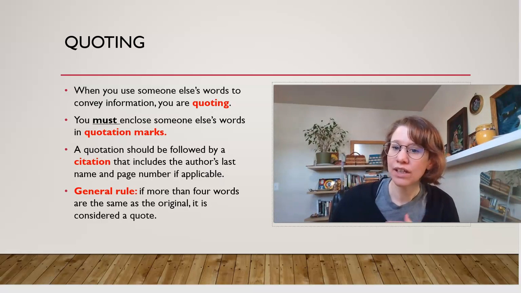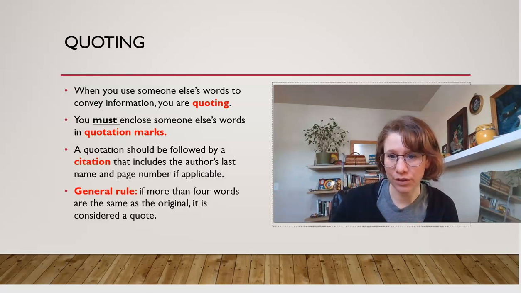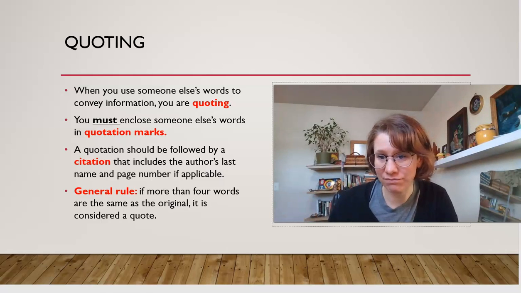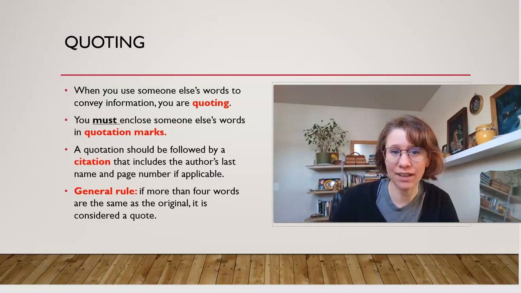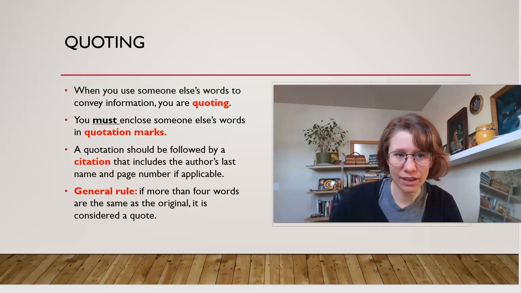So you want to, in some cases, use the exact words of your research source in your paper because sometimes they say it better than you can say it. They say it more clearly, or they are giving specific information that you want to use as evidence or proof in your paper. So that's when you would want to use a direct quotation.